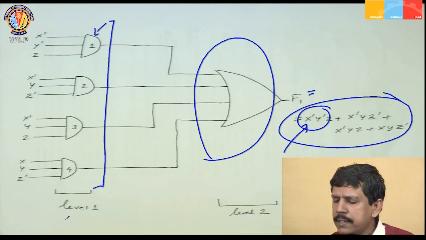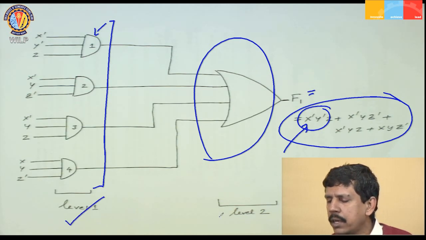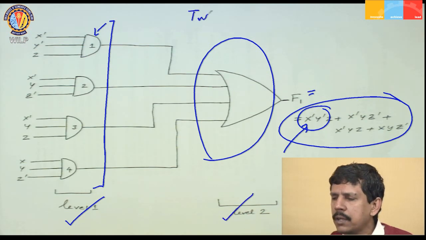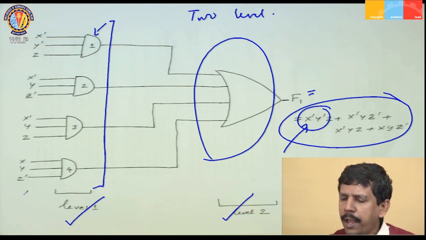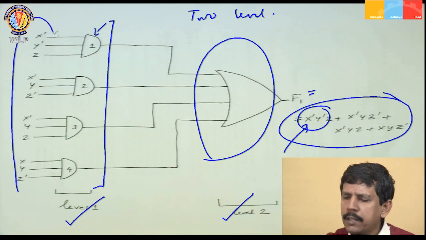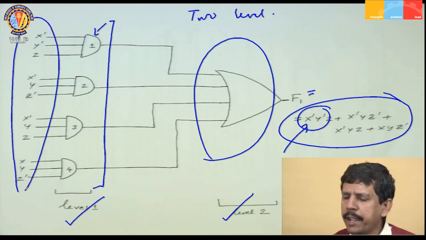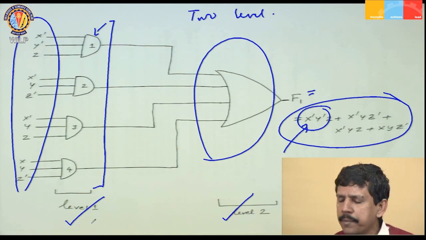We call the first set of AND gates level 1 and the OR gate level 2. We call this a 2-level implementation. The meaning of 2-level here is, if you apply inputs either in the true form or in the complement form, these inputs have to pass through a set of gates. It takes some delay, depending on the propagation delay of these gates.